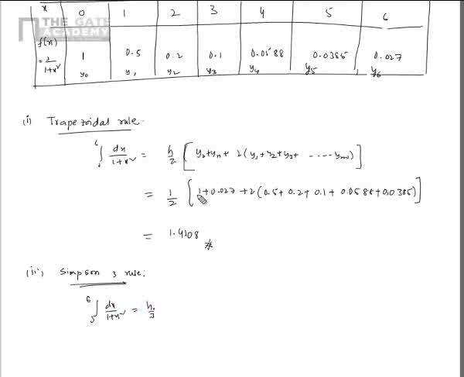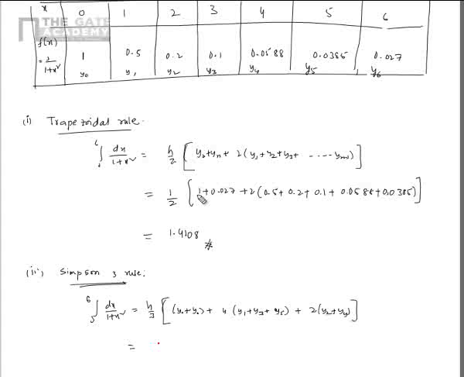So it's h by 3 times the end points y0 and y6, plus 4 times the odd terms and 2 times the even terms.